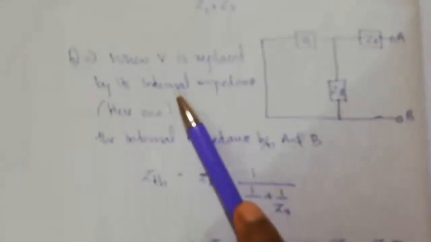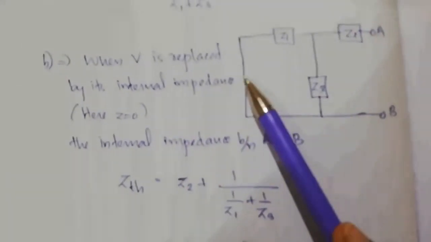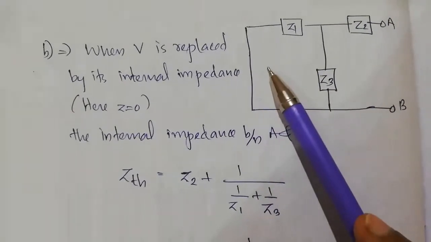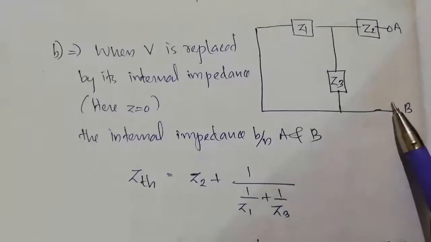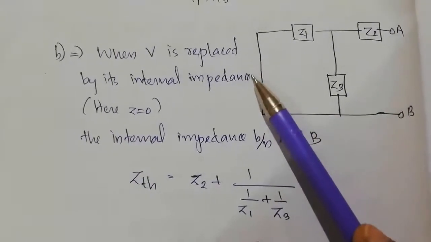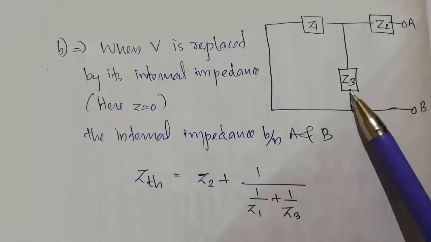Now, the next step is to find out ZTH. We have to replace the generators using corresponding internal impedances and find out the impedance at these open terminals. As we have considered the voltage source having no internal impedance, it is 0, and the remaining are Z1, Z2 and Z3.